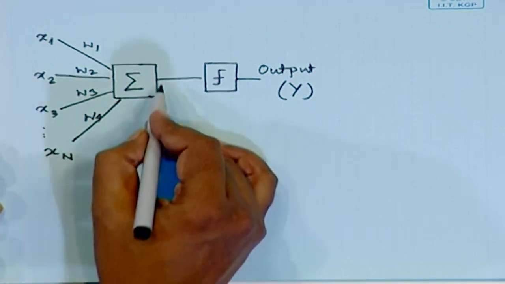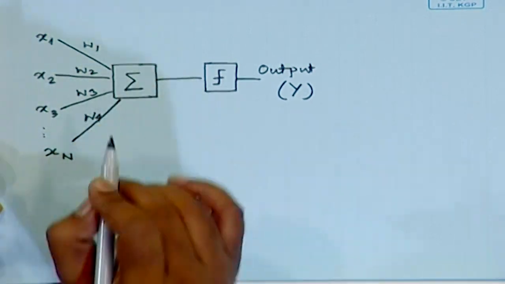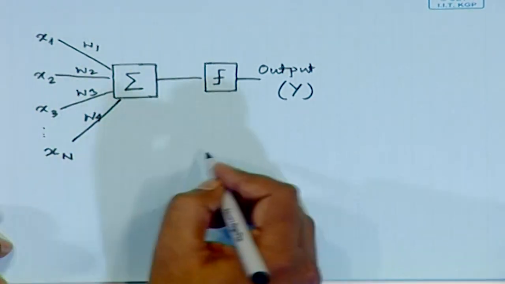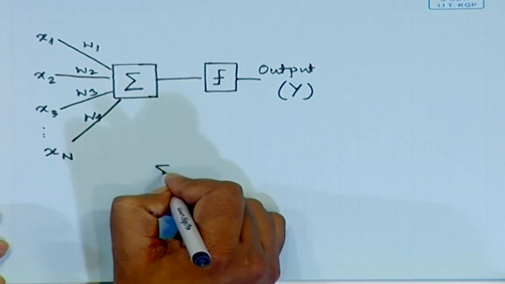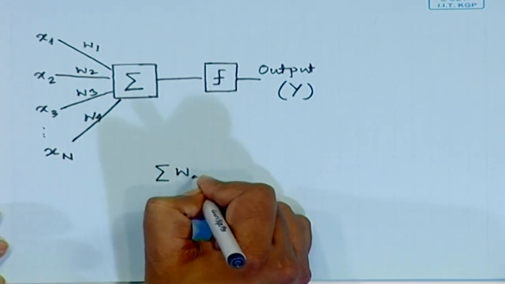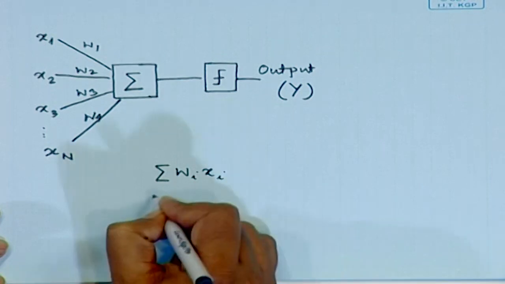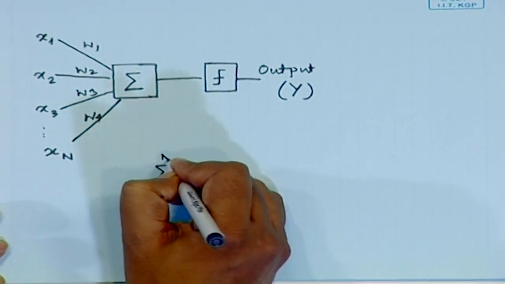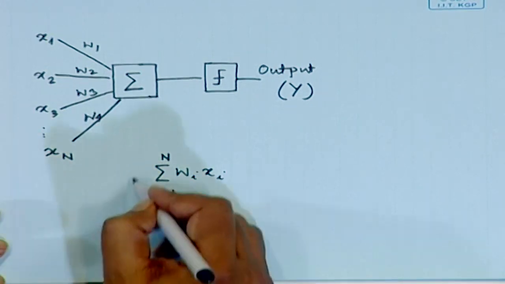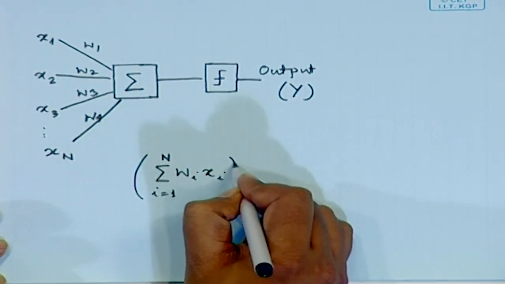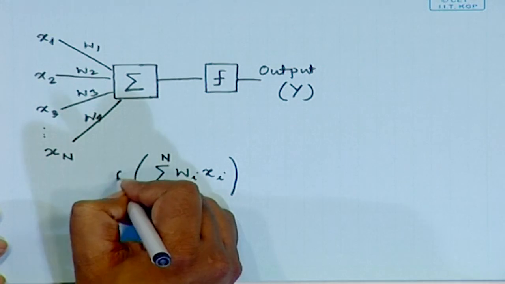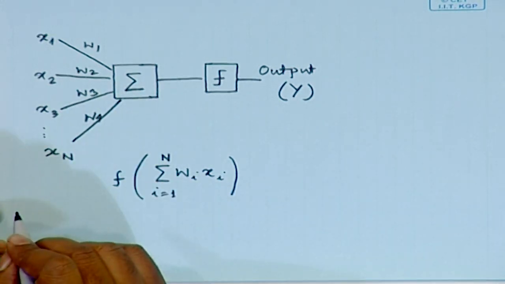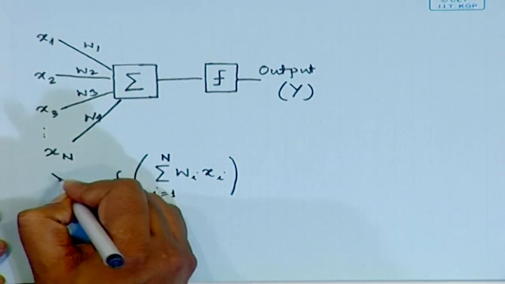So at the output I have the summation of Wi xi, where i varies from 1 to n, and on this I have a nonlinear function f, and that is my output y.